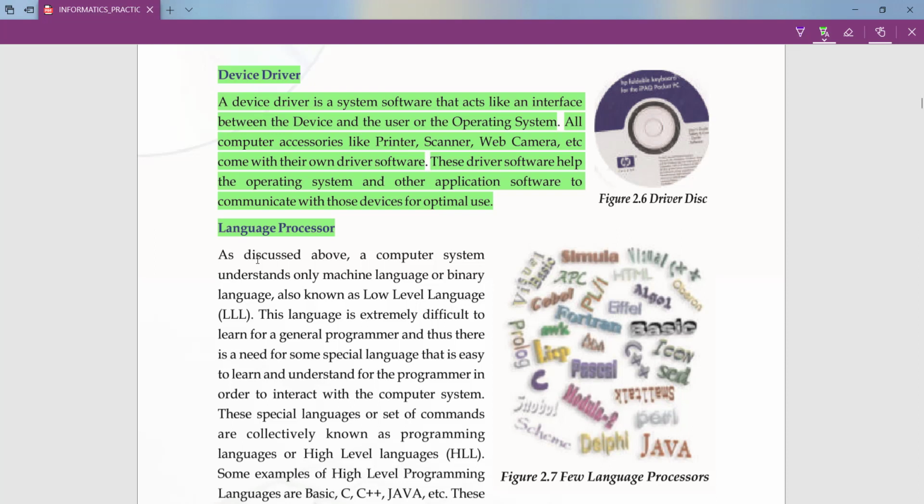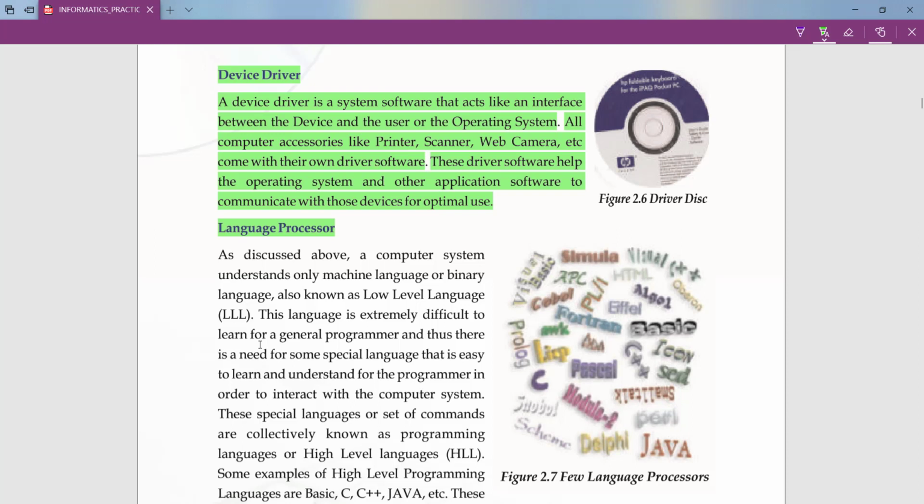So this is the computer language, and this binary language is also known as a low level language, LLL. But we cannot program directly in the low level language.